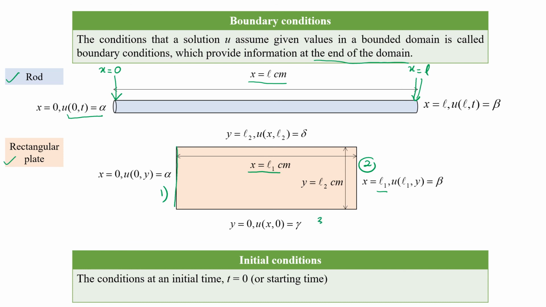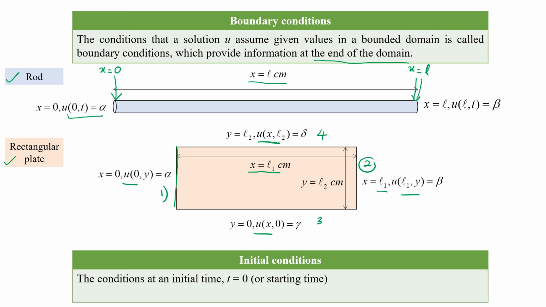The third domain is when y equals 0, and the fourth domain is when y is equal to L2, because the length of y is L2. So we have four boundary conditions for a rectangular plate.